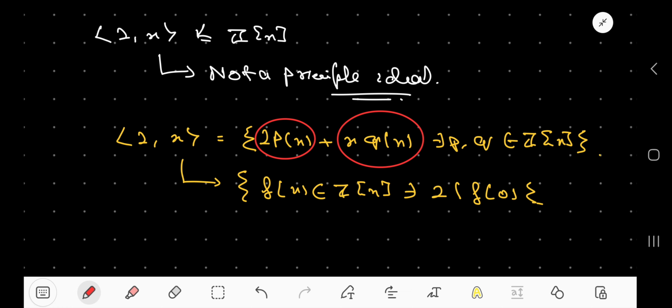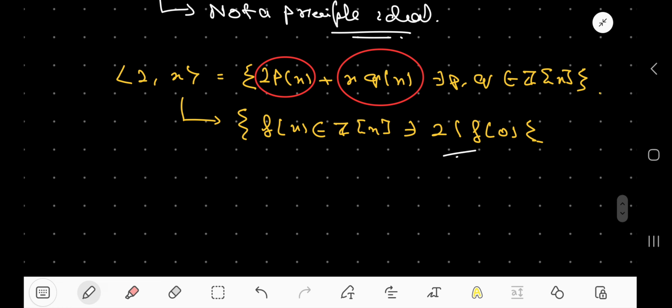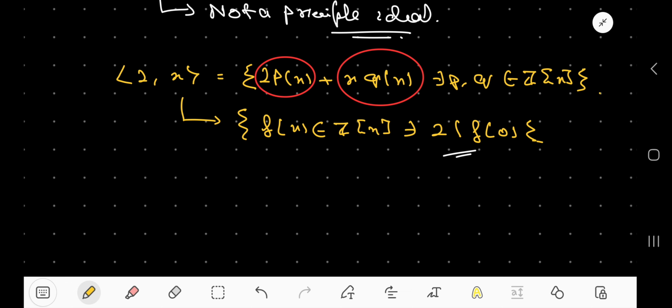When I add up these two polynomials, the constant term is the same as the constant term in 2 times p(x), and hence it's even. So it's fairly easy to observe. The converse statement you can also talk about: if you consider this set, it's exactly the same set we talked about previously. Clear?